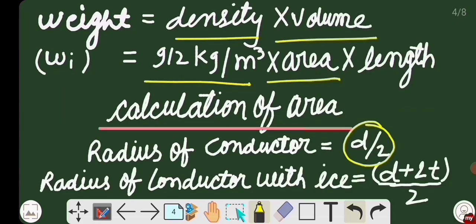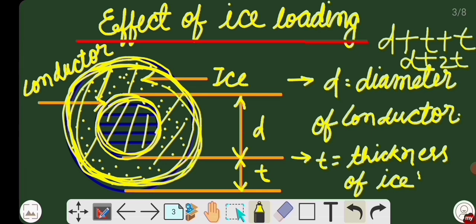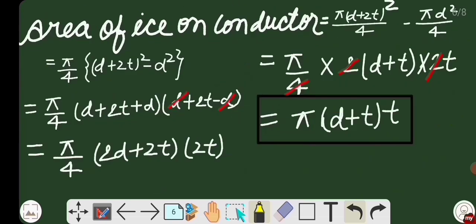Now as you can see in the figure, if we subtract the area of conductor from the total area, then we will get the area of ice on the conductor. This is the total area and this is the area of conductor.